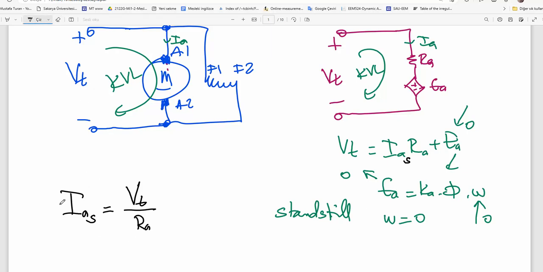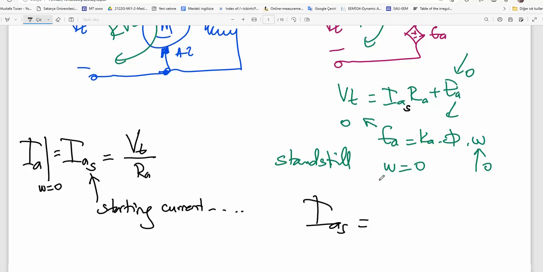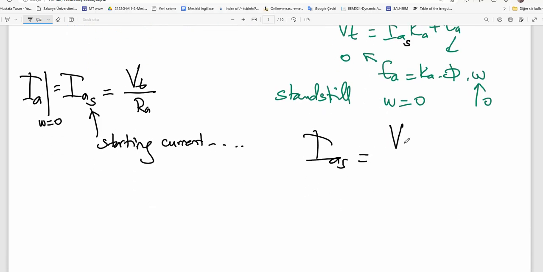Startup current is equal to armature current when angular speed is 0. We call startup current starting current of the armature. As you see, armature current startup value is equal to terminal voltage over Ra.